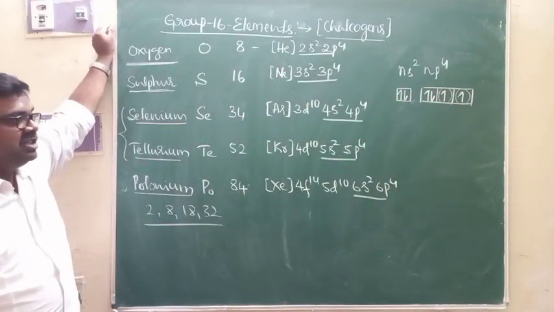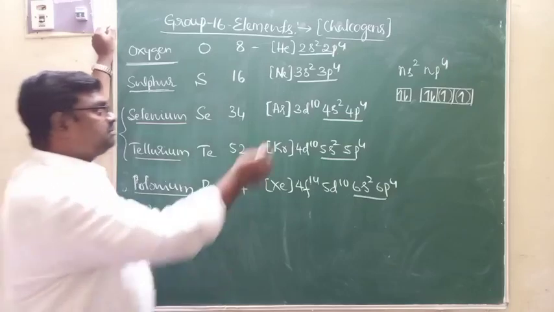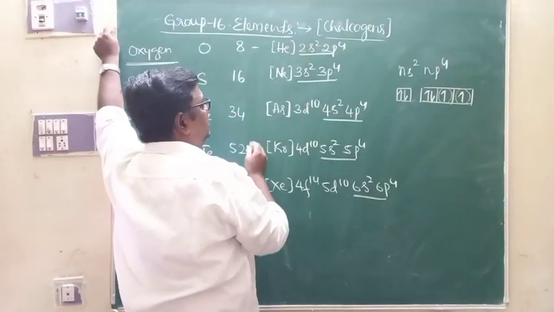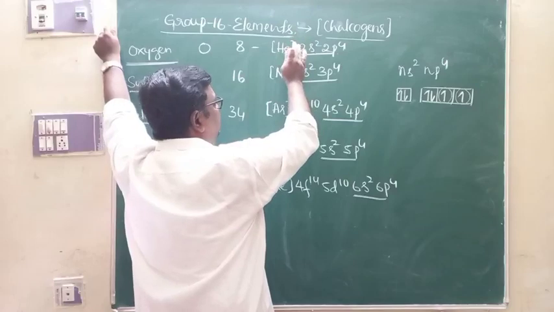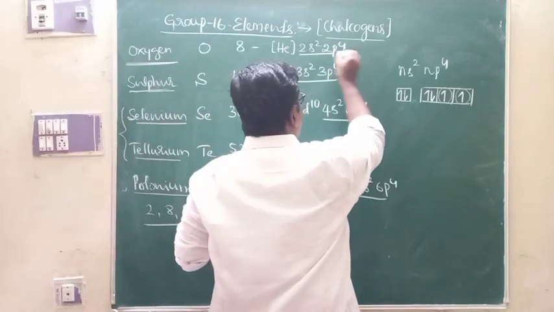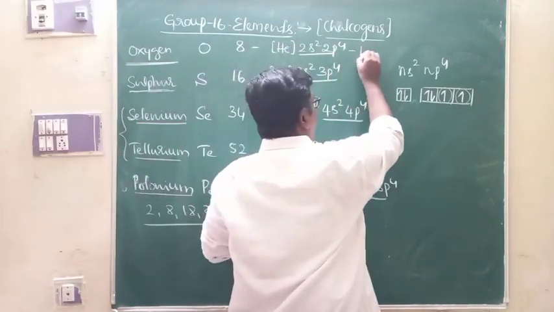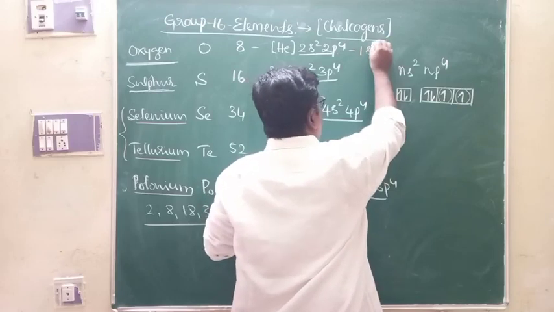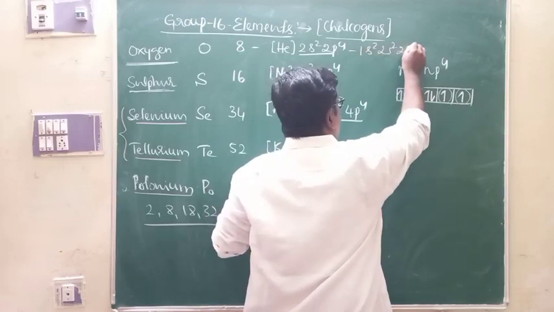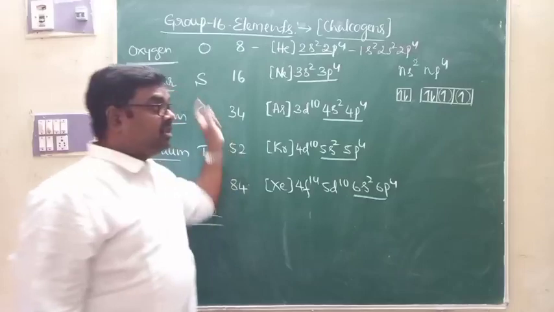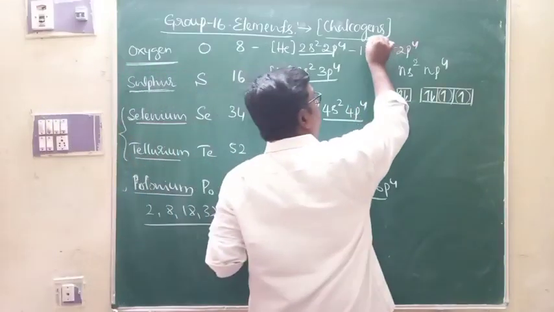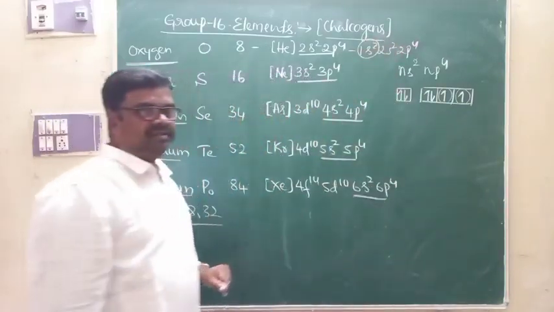And one more important aspect here: look at the inner electrons. As far as the electronic configuration of oxygen is concerned, 1s2, 2s2, 2p4. In the case of oxygen, inner electrons are s electrons.